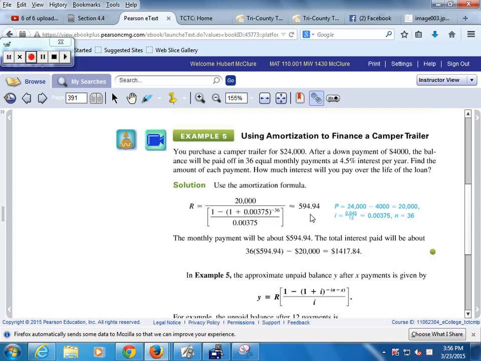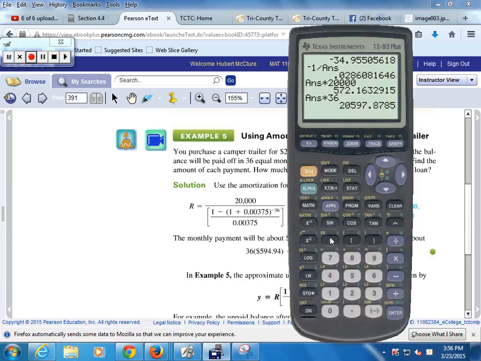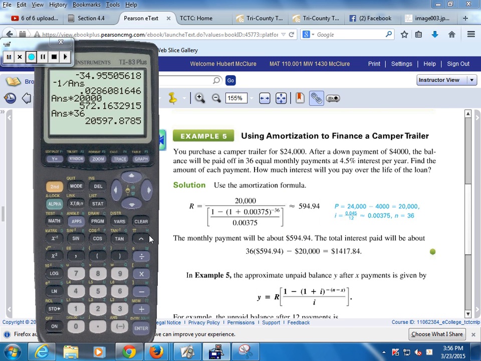I must have done something wrong. Let's see what they got. Did I not get 0.33? Let me try that again. 0.045 divided by 36. Nope.